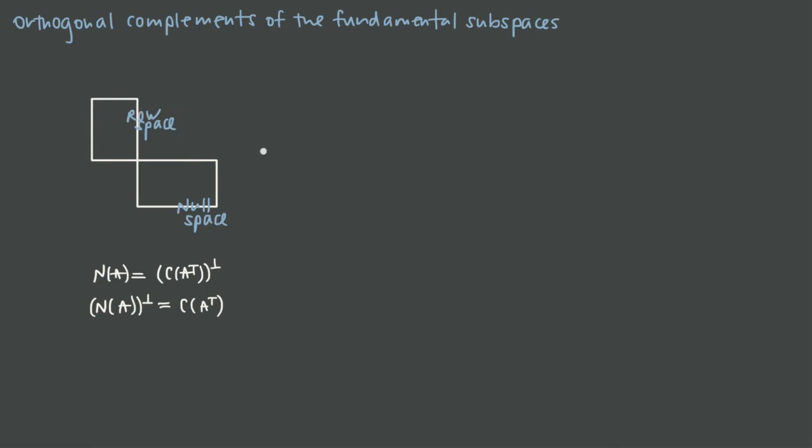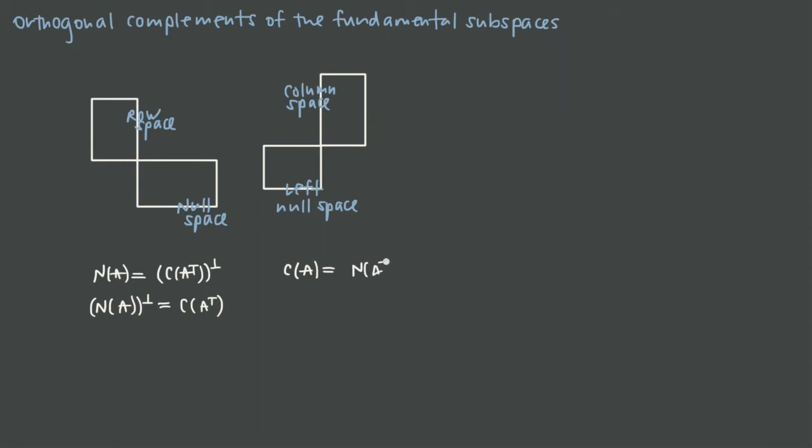And then similarly, we have the same orthogonal relationship between the column space and the left null space. So if we call this up here the column space, it is the orthogonal complement of the left null space, and the left null space is the orthogonal complement of the column space. In terms of an equation, the column space of A is equal to the orthogonal complement of the left null space, the null space of A transpose.